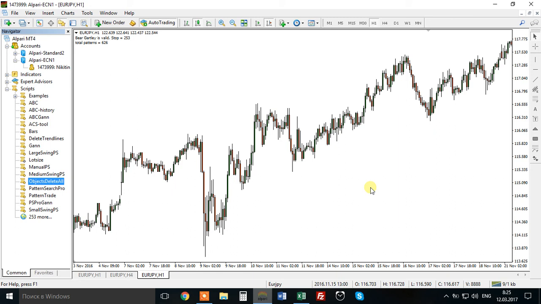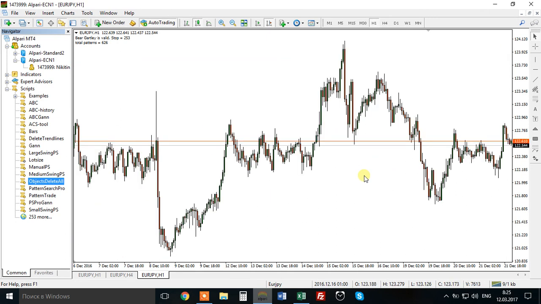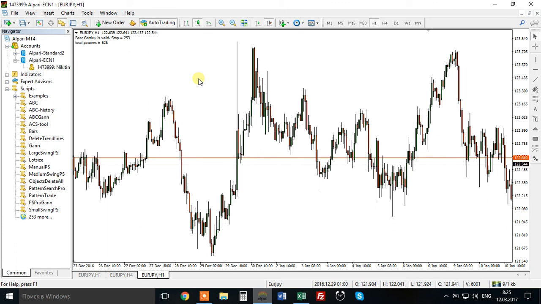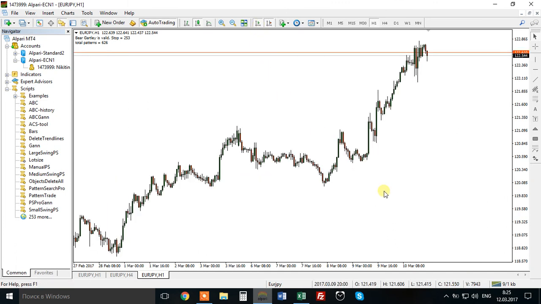I will reveal you a secret. On OZN I found large ciphers having 86% probability of success to hit the level. So, and that's all because of the Pattern Search Pro. And so what you do with that information, you just pick up those pairs that have the best accuracy and build up a winning portfolio.